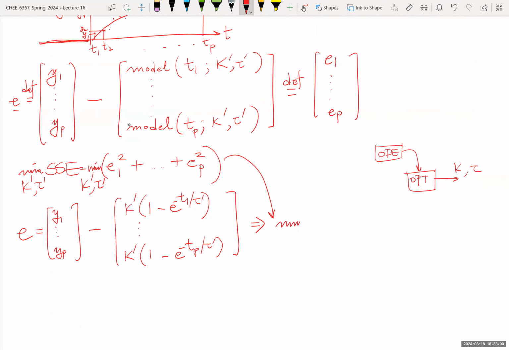So to minimize the sum of the squared errors, i goes from 1 to p, of yi minus k prime times 1 minus e to the minus ti over tau prime, squared, with respect to k prime and tau prime.